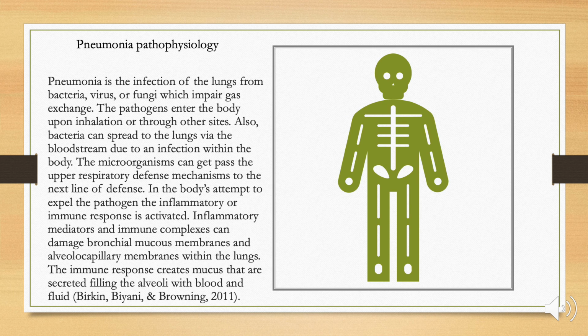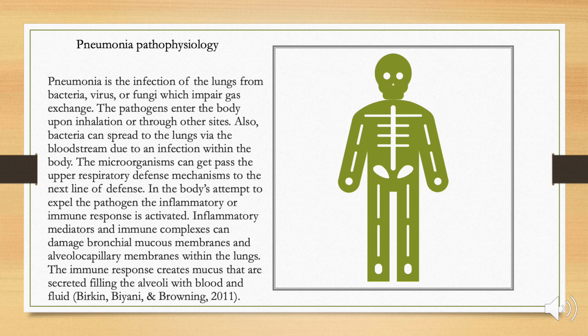Pneumonia pathophysiology. Pneumonia is an infection of the lungs from bacteria, virus, or fungi which impairs gas exchange. The pathogens enter the body upon inhalation or through other sites. Also, bacteria can spread to the lungs via the bloodstream due to an infection within the body. The microorganisms can get past the upper respiratory defense mechanism to the next line of defense.